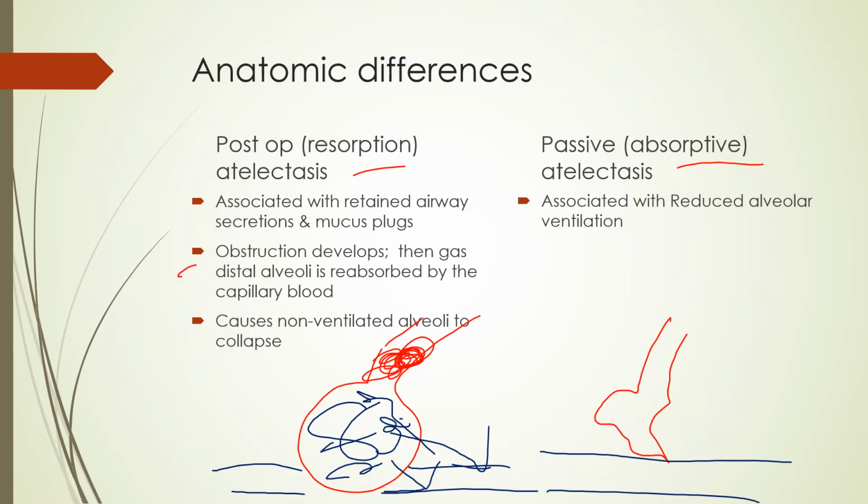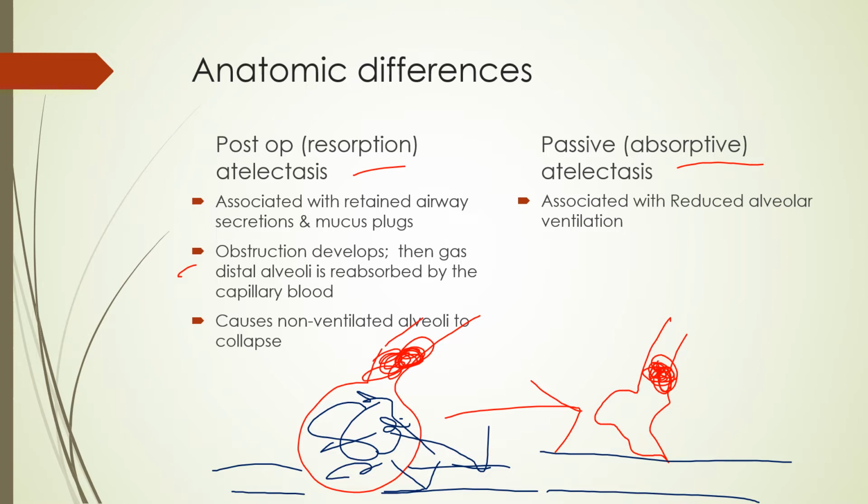And so that's what you're looking at with this guy. That gas has been reabsorbed, and this causes resorption atelectasis. So it goes from here to here, right? You see that change where it sucks the gas out of that respiratory zone, and then it becomes collapsed, atelectatic on itself, right? So it's non-ventilated, it's collapsed.